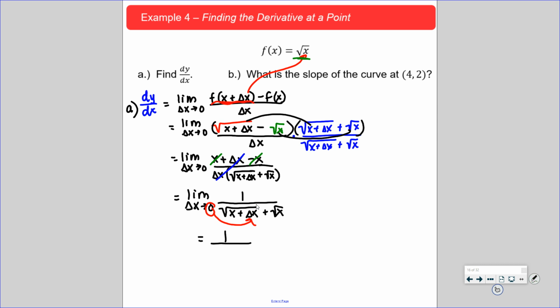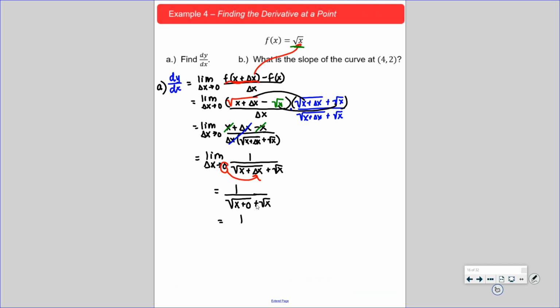And I'm getting 1 over the square root of x plus 0 plus the square root of x. That gives me 2 root x's. And that's my derivative. Remember, it's okay to leave radicals in the denominator in calculus.